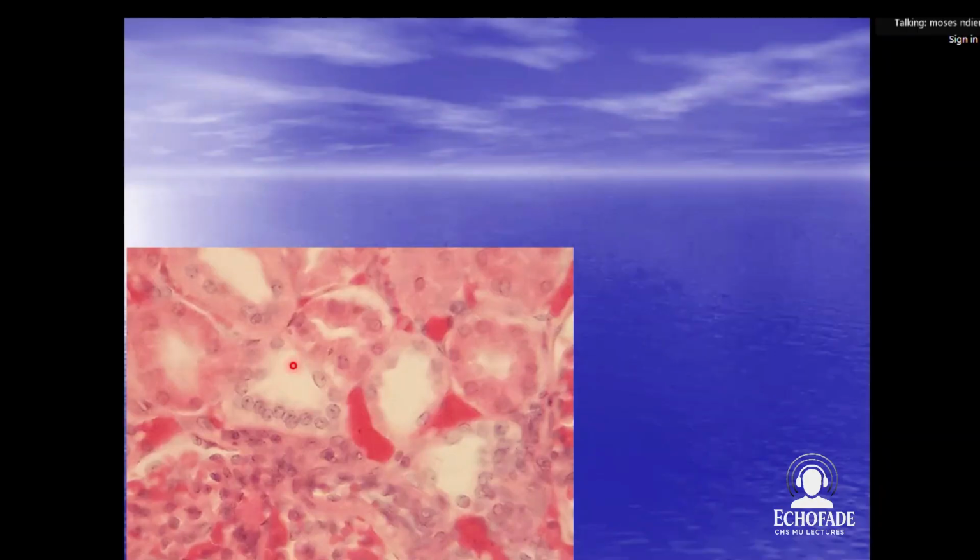So after sensing the concentration of sodium chloride, they can give feedback to the suprarenal cortex, the zona glomerulosa, so that you can have either more or less aldosterone being produced. And that, of course, will also affect the glomerular filtration rate.